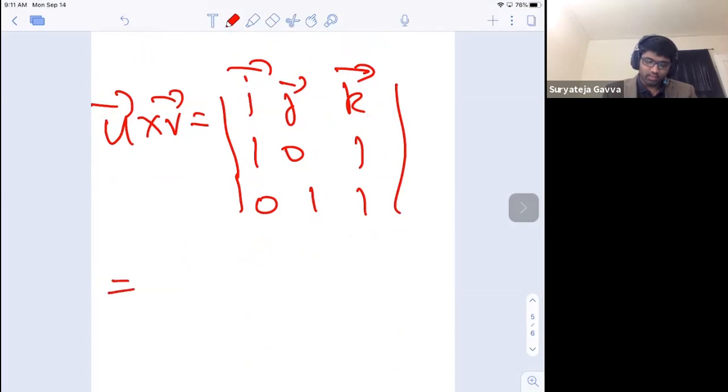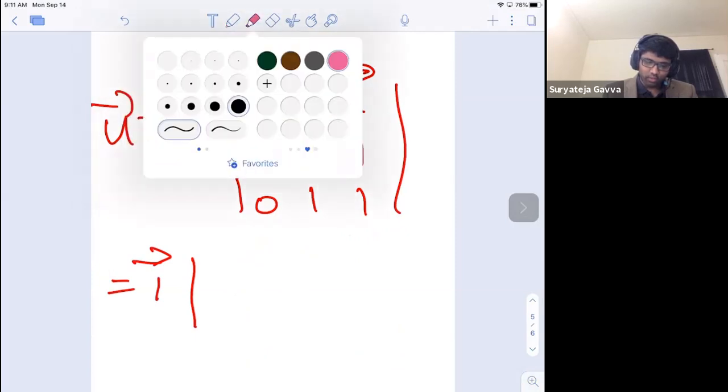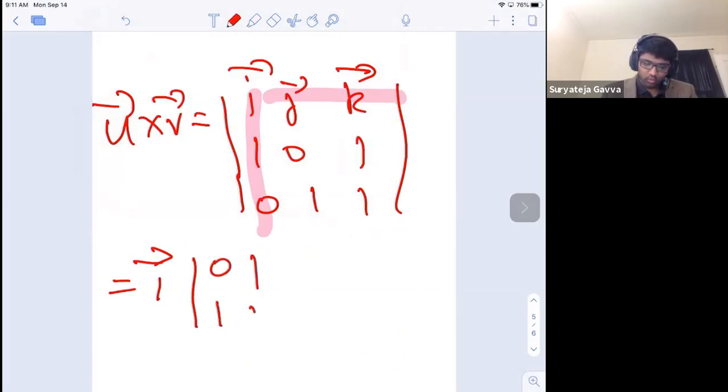So let's see what it is. I times: when you do the first, you remove the first row and first column, so you get I times 0, 1, 1, 1.